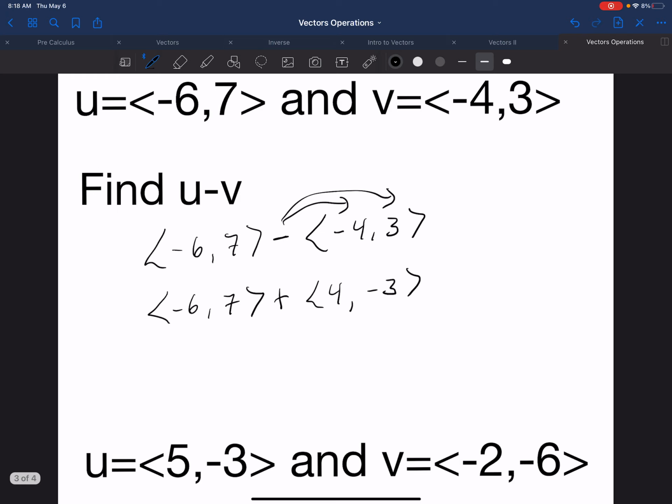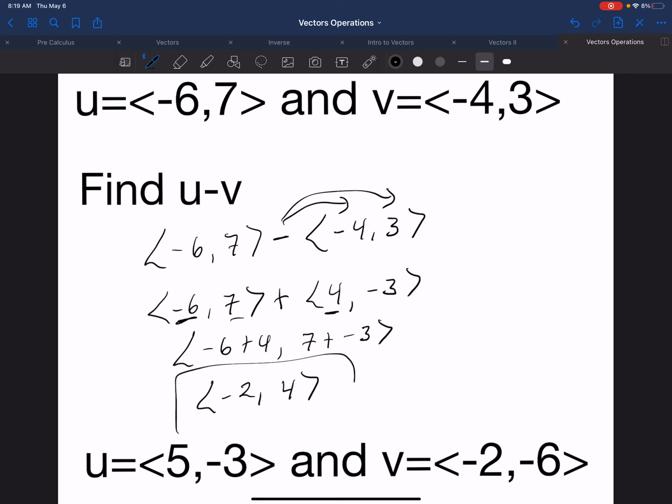After you do that, very simple addition problem, component 1 plus component 1, and then component 2 plus component 2. -6 plus 4 will give me -2, and then 7 minus 3 will give me 4. And then that will be my final answer.